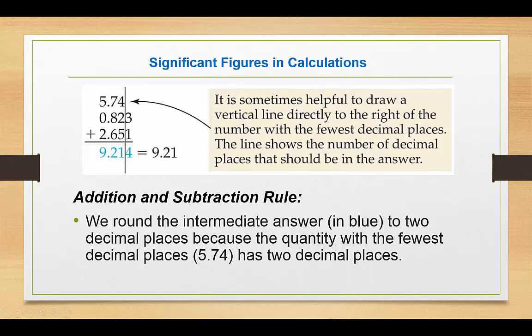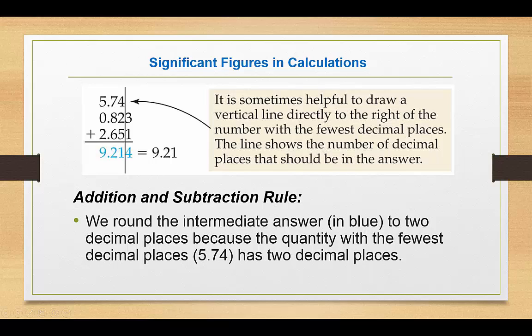That's okay if you know how to look at it and see the number of decimal places, but if you can't see that easily, you may find it helpful to put the numbers stacked in this manner, line them up on the decimal point, and then draw a line immediately to the right of the number with the fewest decimal places. So in other words, take a line and move it until you get to the first point where one of the numbers doesn't have any other numbers to the right of that line.